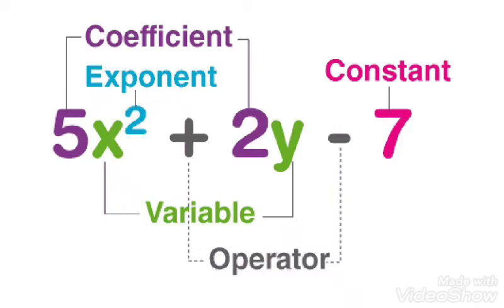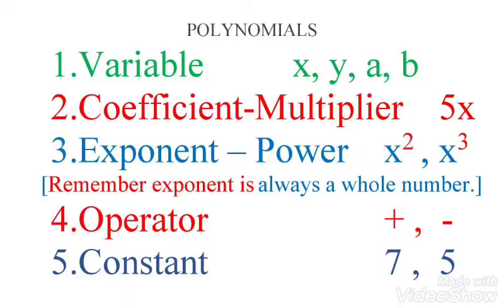X and y are variables because the values of x and y may vary. 7 is a constant, and plus and minus are operators. Now I explain to you variables: x or y or a or b.